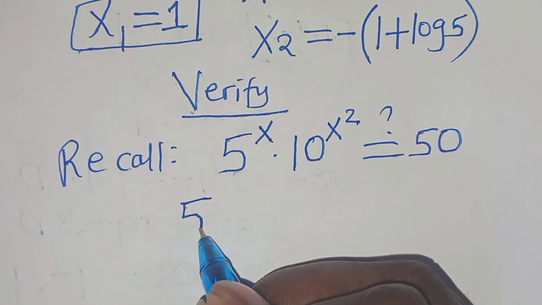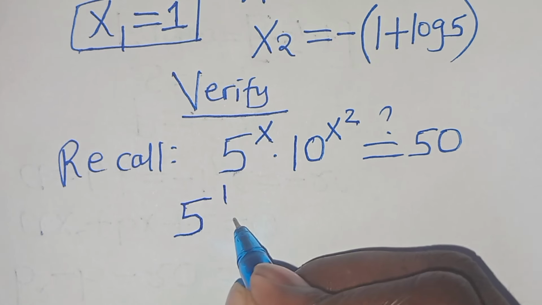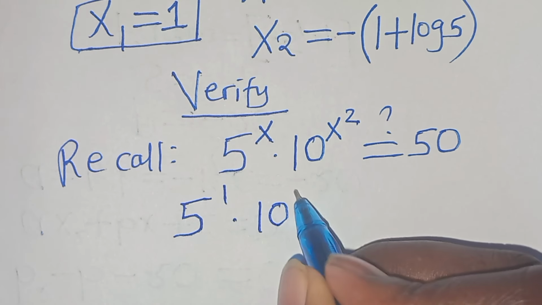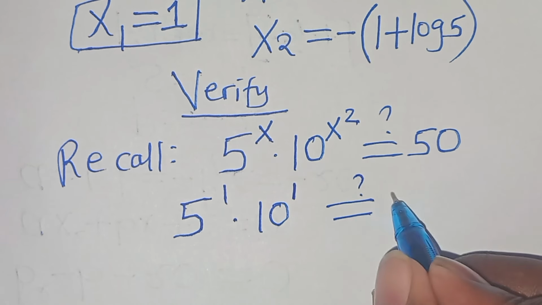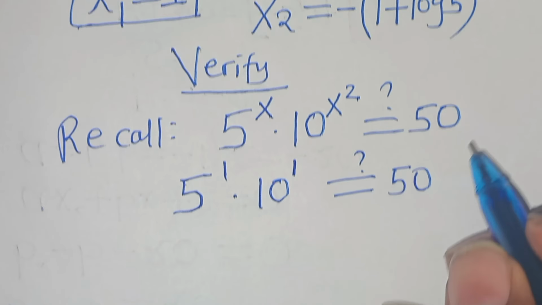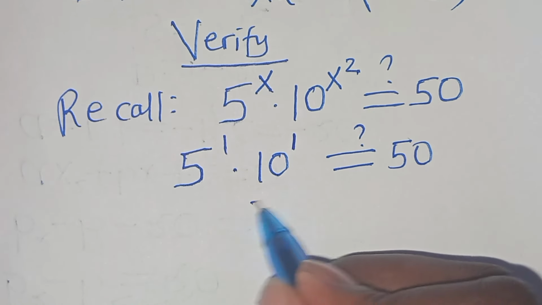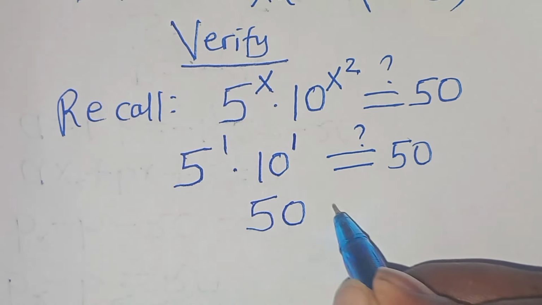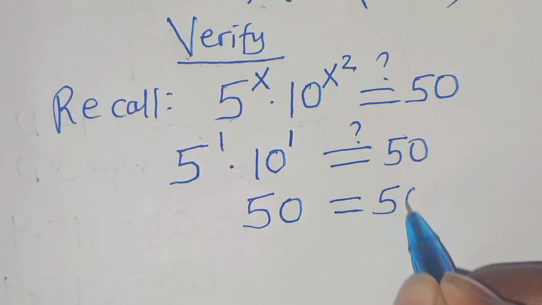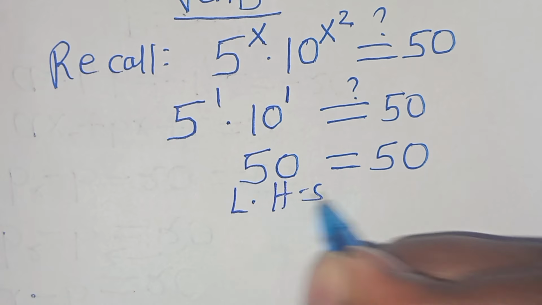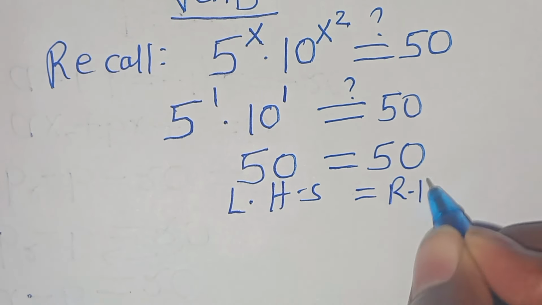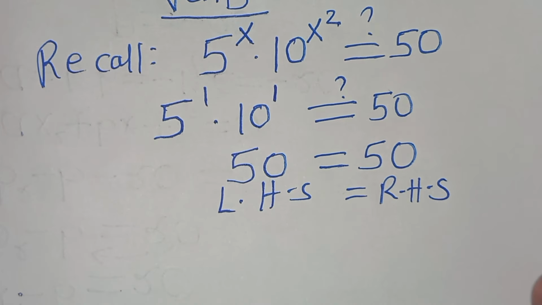Substituting 1, we have 5 to the power of 1 times 10 to the power of 1 squared, which is 1. This should give us a value of 50. So 5 times 10 is 50, which is equal to 50. So the left hand side is equal to the right hand side.